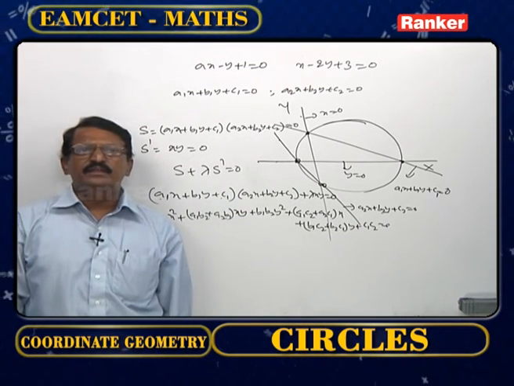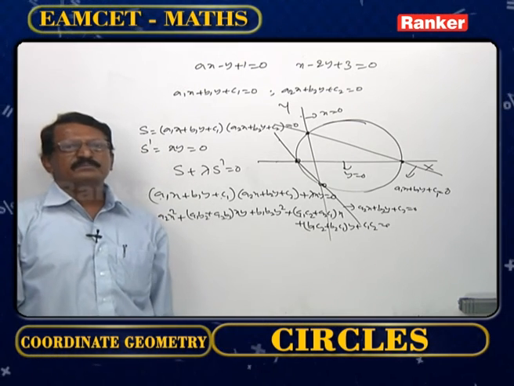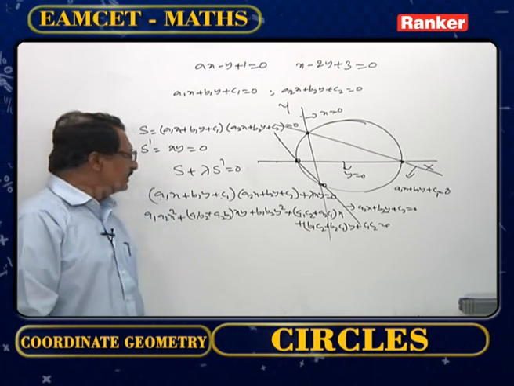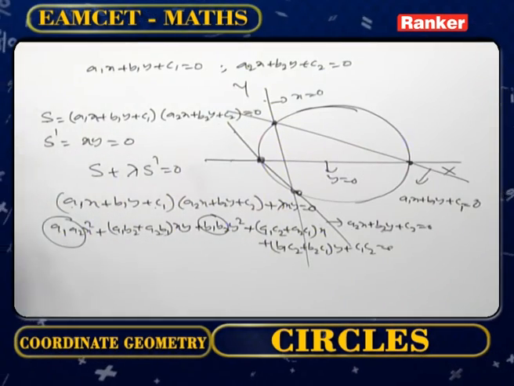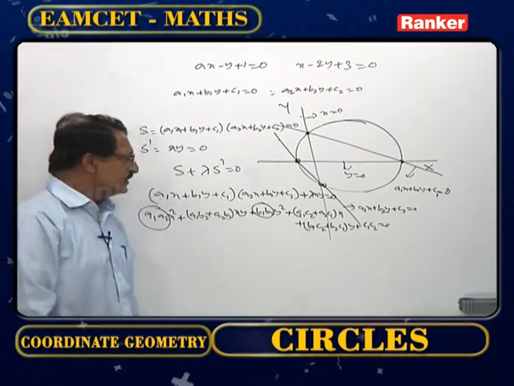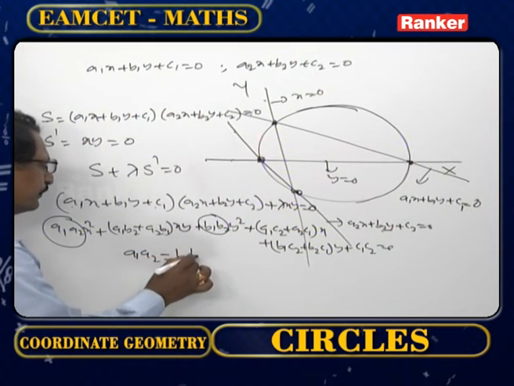The second degree general equation in terms of x and y represents a circle, then the coefficient of x square must be equal to the coefficient of y square. Now a1 a2 equals to b1 b2.